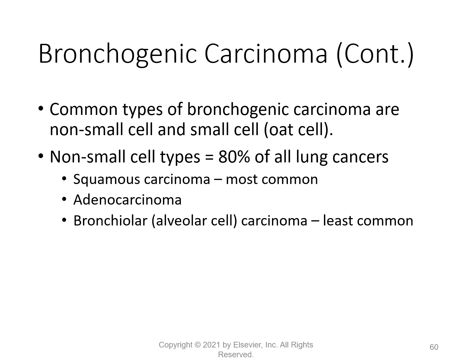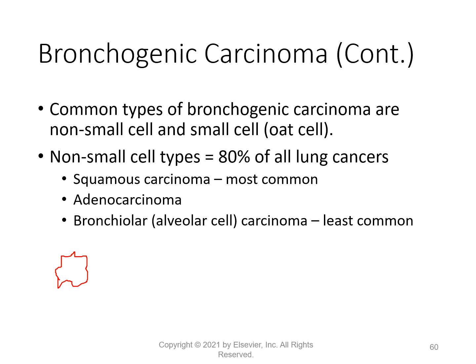The common types of bronchiogenic carcinoma, if we had to break them down, would be non-small cell and small cell, also known as oat cell. The non-small cell carcinoma makes up about 80% of all lung cancers, and this is a squamous carcinoma, which means it affects the squamous cells, which, if you remember from your basic biology classes, are the irregularly shaped lining epithelial cells that we find in different airways.